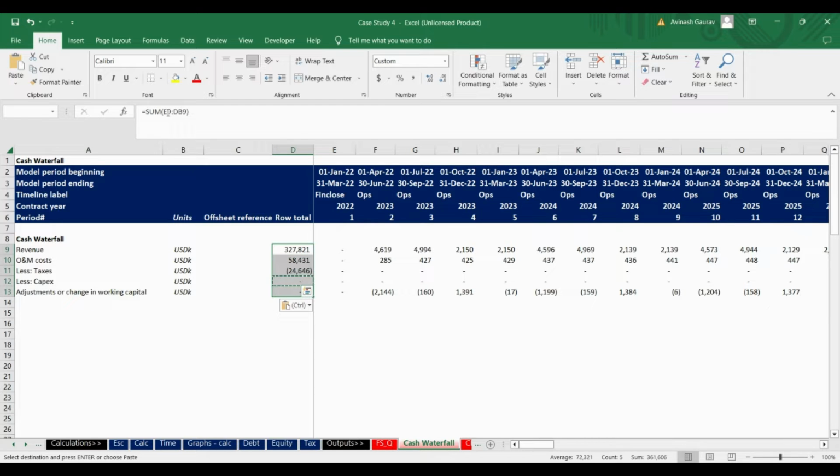Now once you are done with these adjustments, then you can say okay, so now you can have your cash flow available for debt service. Correct, guys?